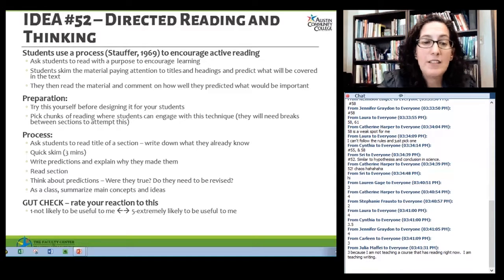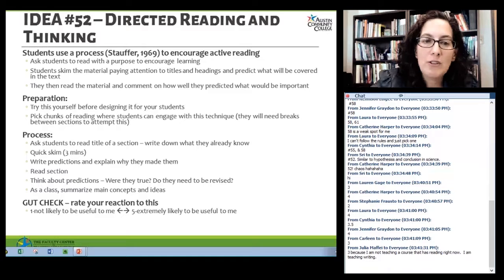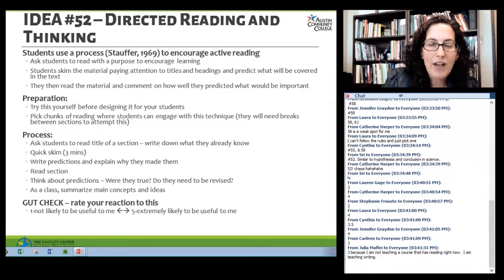So the process, you ask students to read a title of a section, this can be from any kind of reading, and write down a little bit of what they already know. And then they are supposed to write down predictions and explain why they made them. So look at what the title is, what do you think is about to come, and then you've got 3 minutes for them to write down predictions and explain why.